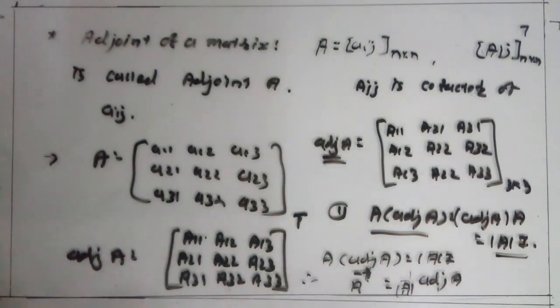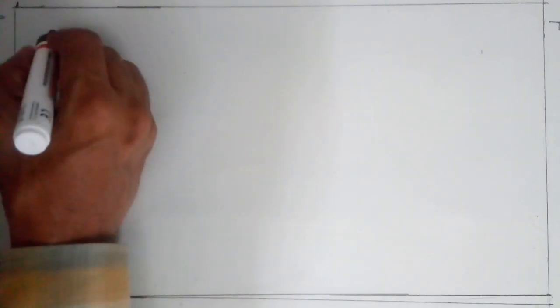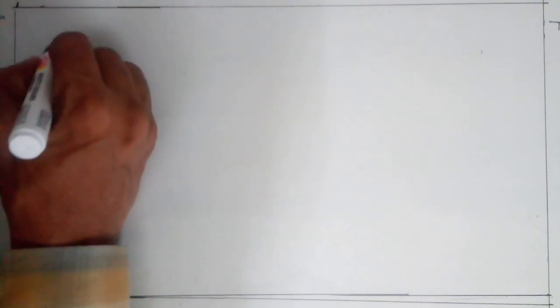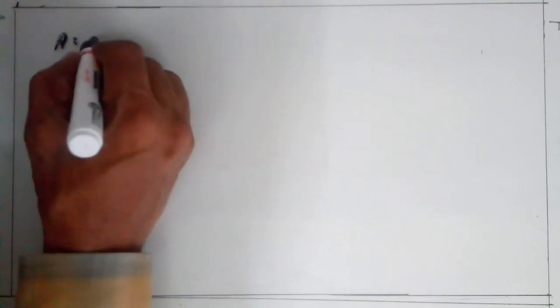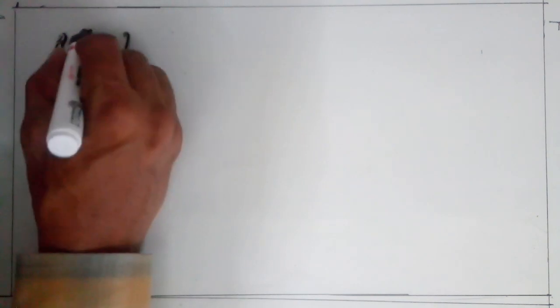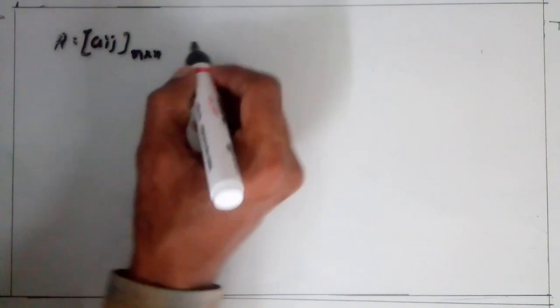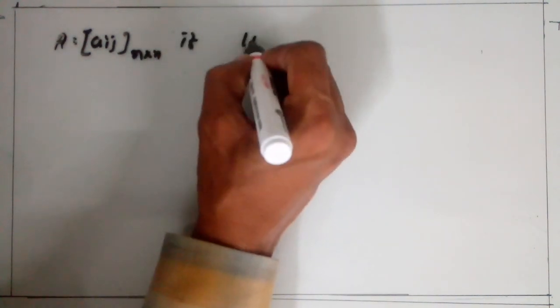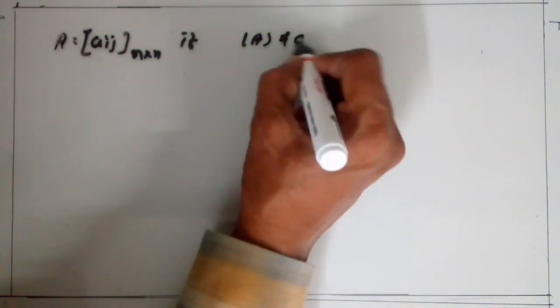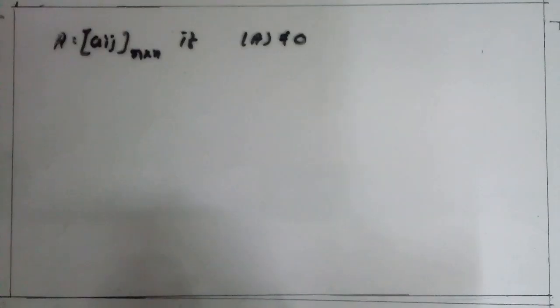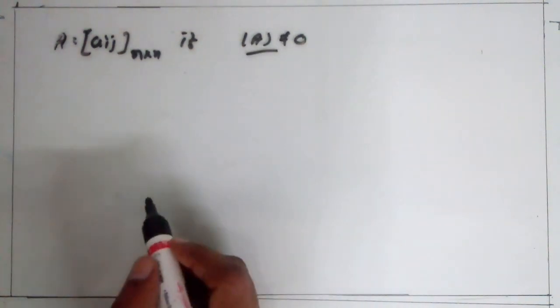Now, singular matrix and non-singular matrix. For a square matrix A = [Aij], remember this, if the determinant of A is not equal to 0, then the given matrix A is called a non-singular matrix.